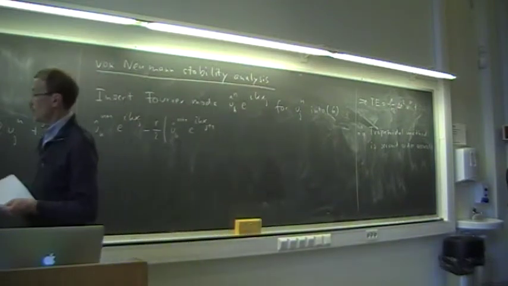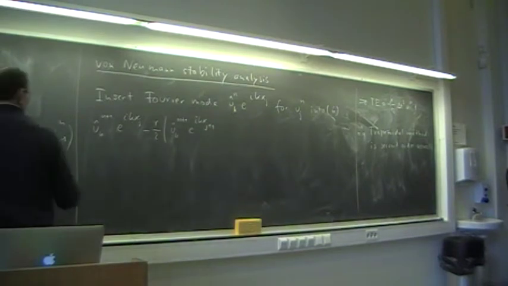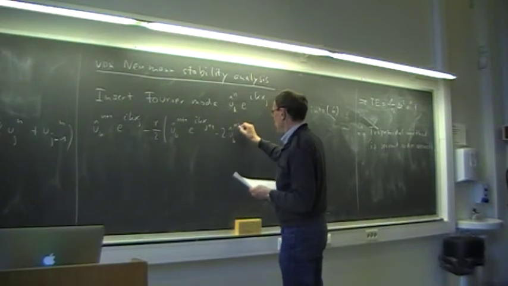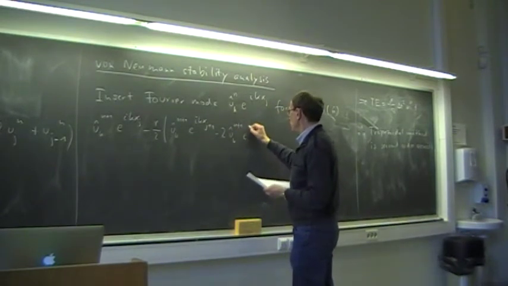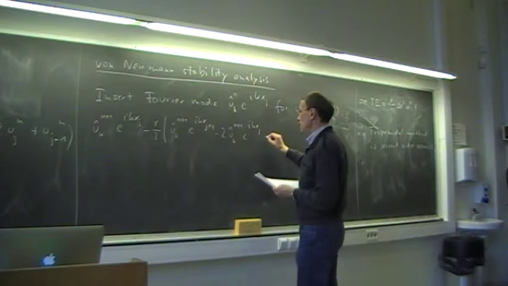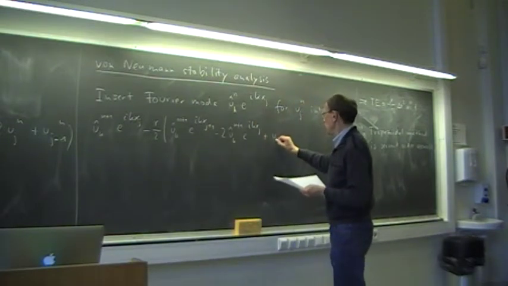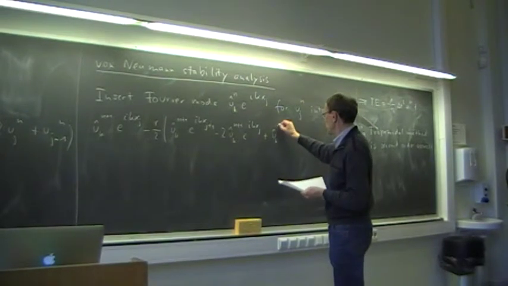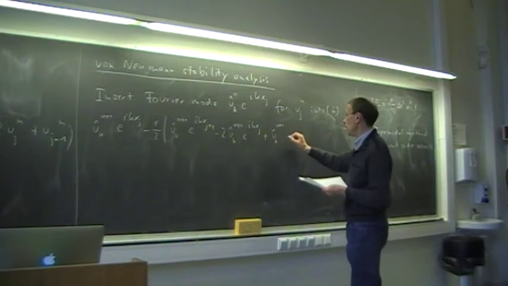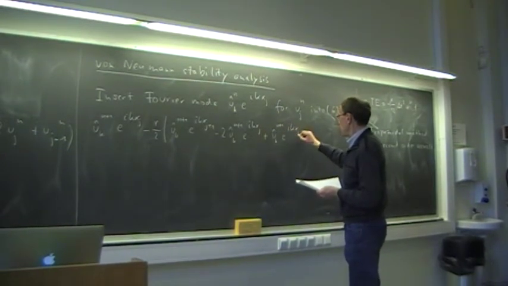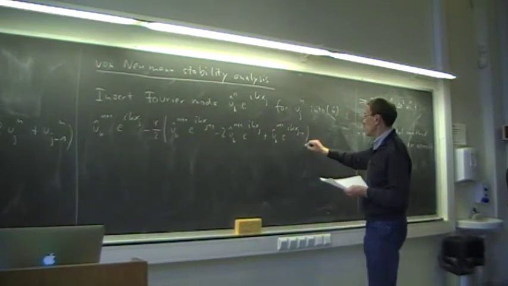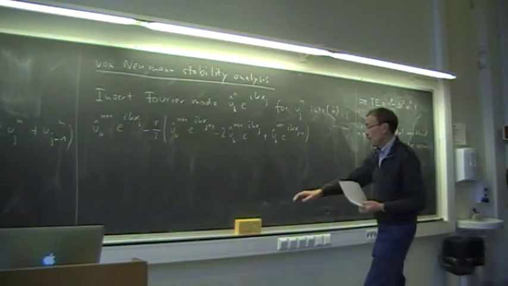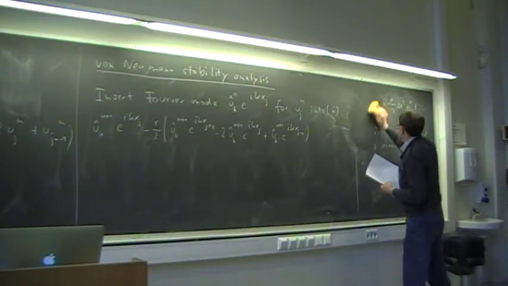So we have this term here, the next one, minus 2 u hat k n plus 1 e to the i k x j, and then we have the u j minus 1 n plus 1, so that gives us the full mode at the new time level, e to the i k x j minus 1. So then we have taken into account the left-hand side, and then we also do it for the right-hand side.